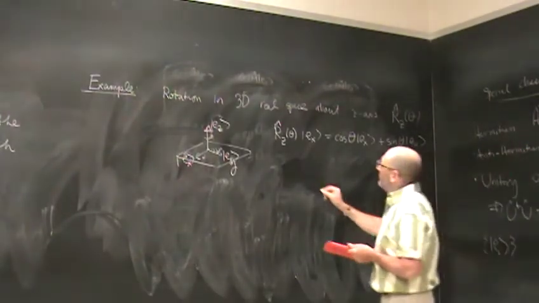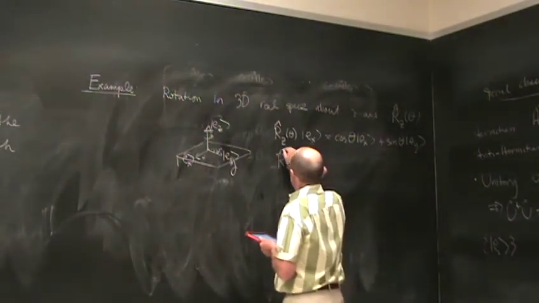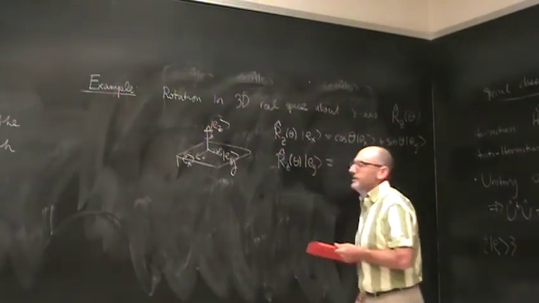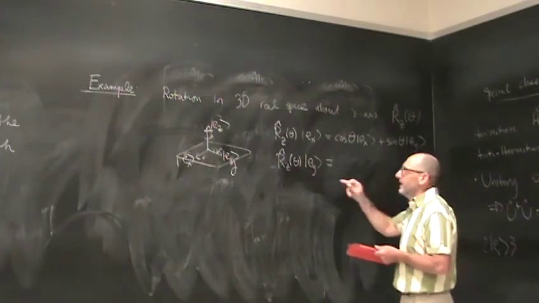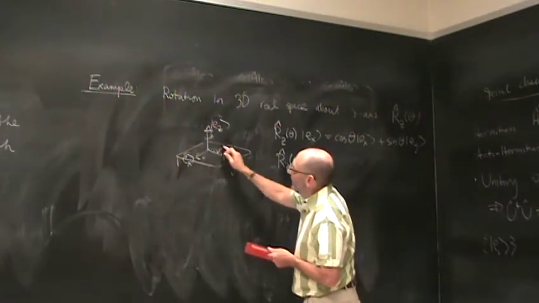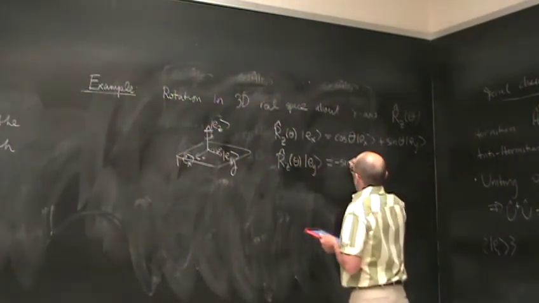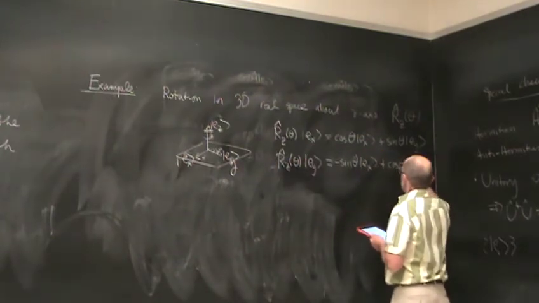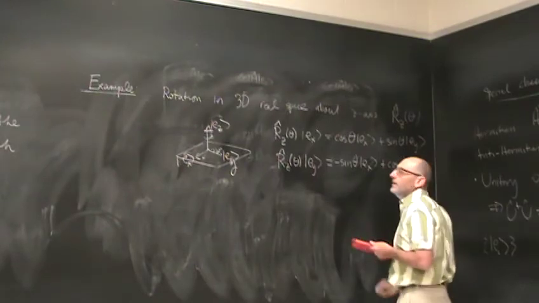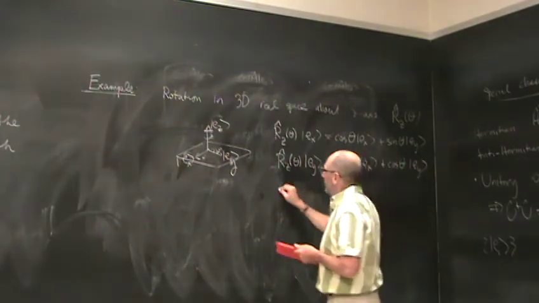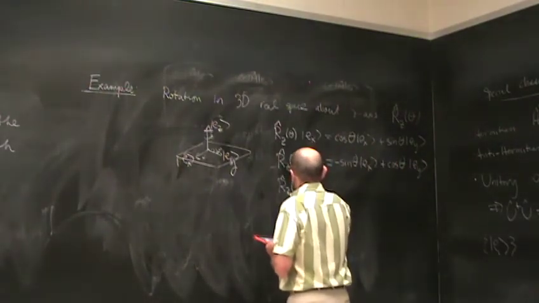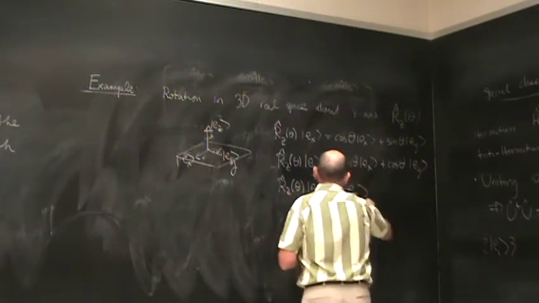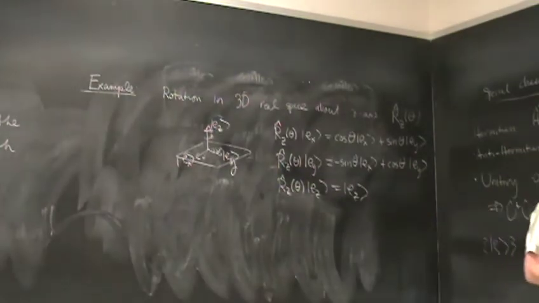The action of this rotation operator on the y basis vector is minus sine theta on the x and cos theta on the y. And the action of this on the z is to do nothing. Leave the z-axis alone. Okay.